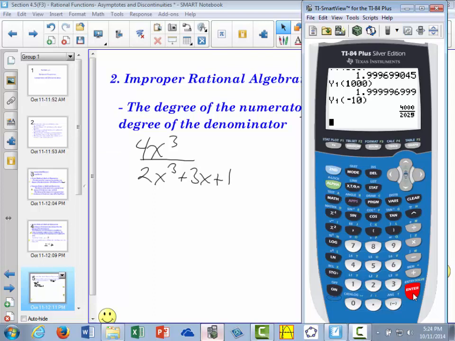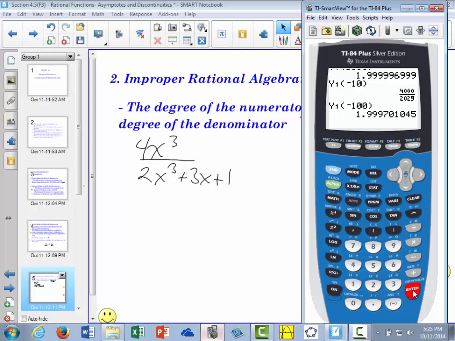And then if we look at our denominator, we'll be cubing the negative 10 again, so we'll have another negative number there. And a negative over a negative leaves me a positive. So let's just make sure that we're seeing the same trend on the negative side. We'll change this 100 to negative 100, and we try it out. And again, we get this positive number getting closer and closer to 2.